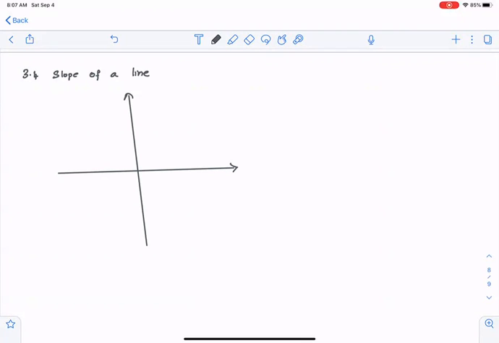Anytime I talk about a line, I often use the analogy of a ladder. If you take a ladder and lean it against the wall, then that ladder is at a slope. So the ladder pretty much is the line that we are talking about. So if I draw a line of that sort, and that line has some arbitrary slope.